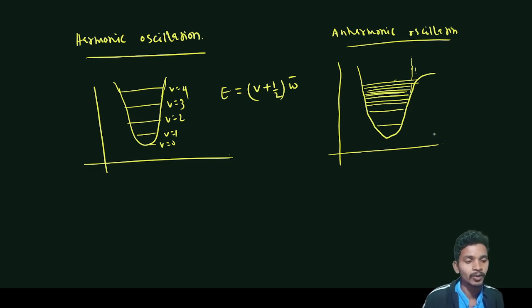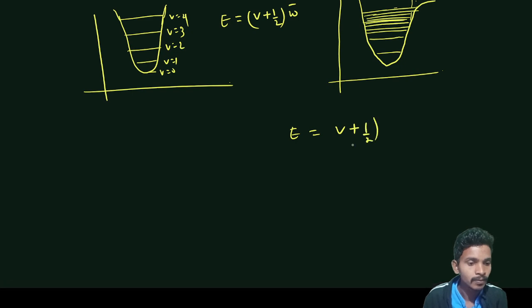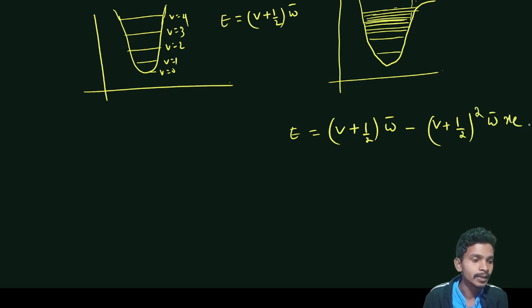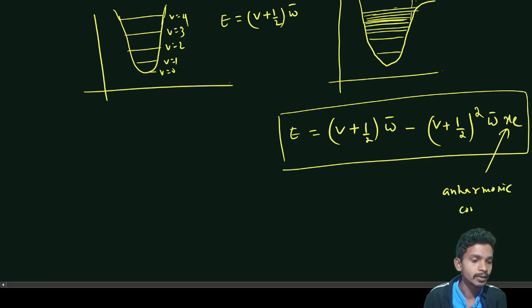For anharmonic, the energy E is equal to v plus half omega naught, minus v plus half whole square omega xe. This gives the energy levels in anharmonic oscillations. Here xe is the anharmonic constant.